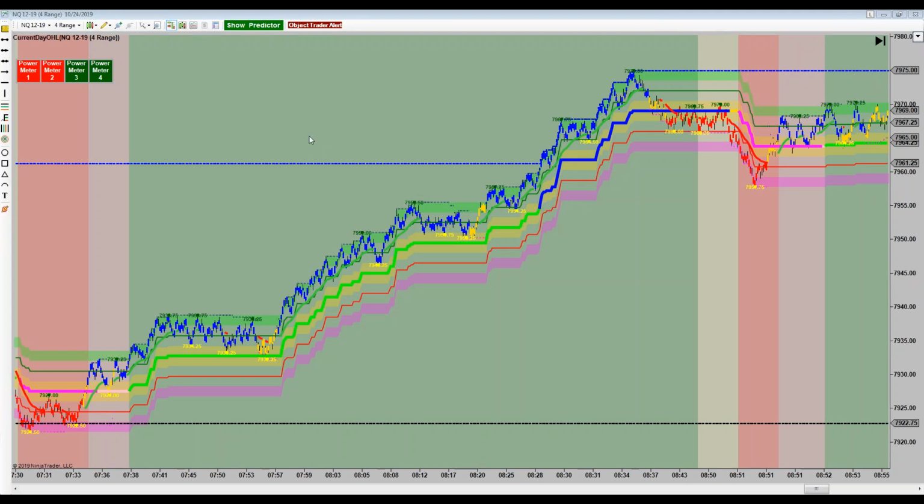So if I go back before 7:30 and I start scrolling the chart this way, if you're anticipating what that chart's going to look like, would you say it should be up or down? Now, don't pay attention to this.